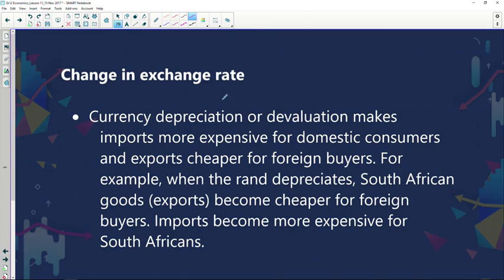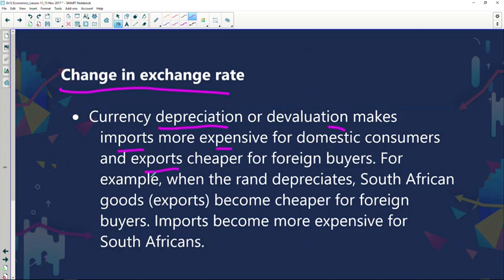Then we've got the change in exchange rates. So we're looking at currency depreciation or devaluation. It makes imports more expensive for domestic customers and exports cheaper for foreign buyers. For example, when the rand depreciates, South African goods, which are exports, become cheaper for foreign buyers, and imports become more expensive.